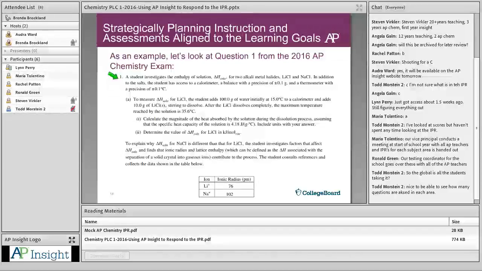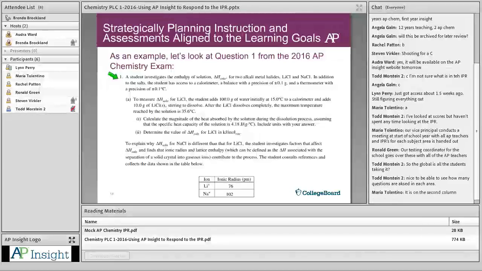Now, question 1 was certainly not the largest struggle on the test this past year by any stretch of the imagination. But again, it's a nice spot using the IPR to say, yes, this was one area that my own students, right, according to the mock IPR, might have had.